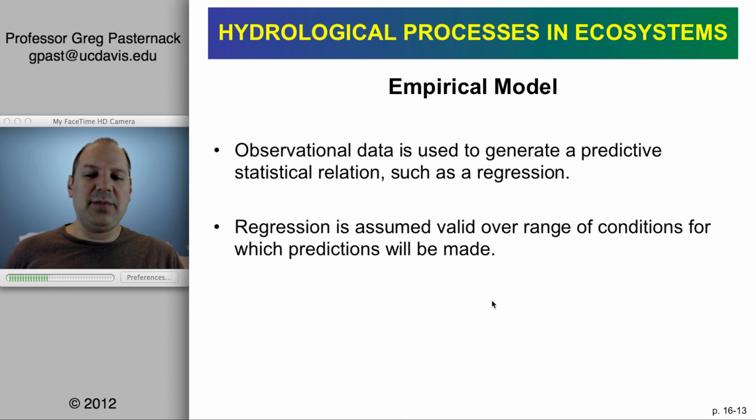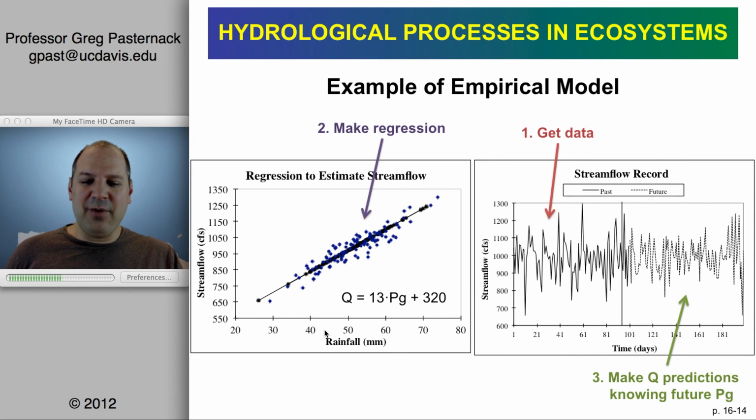So a regression is typically assumed to be valid over the range for which you have data if you go through all of the processes of testing the assumptions of those models. So are the residuals normally distributed and do they meet the criteria of homoscedasticity and all things like that. As an example, let's say you were to collect rainfall and streamflow data.